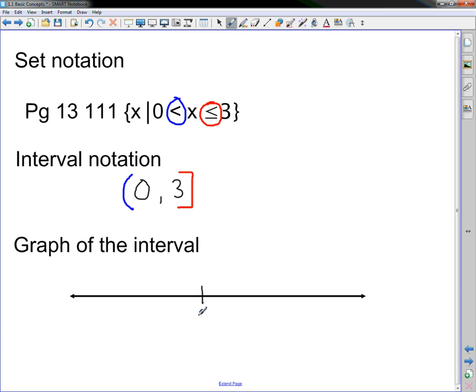So we have 0. We have 3. And just like we used a parenthesis here, we're going to use a parenthesis on 0, and we're going to use a bracket on 3. And these are going to be our solutions in between here. Once you get the interval notation set up, that should give you an idea of what the graph is going to look like.